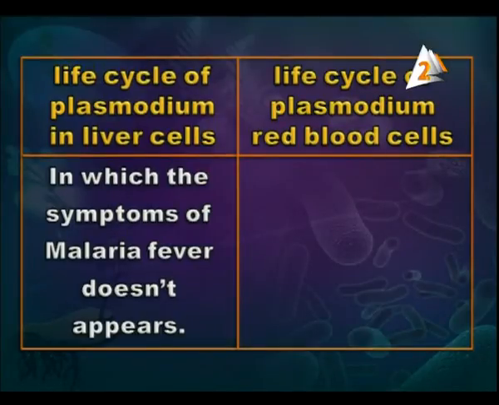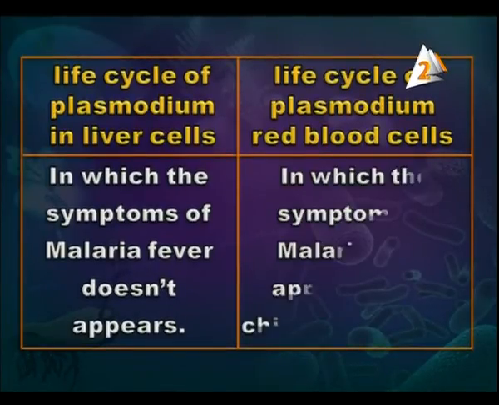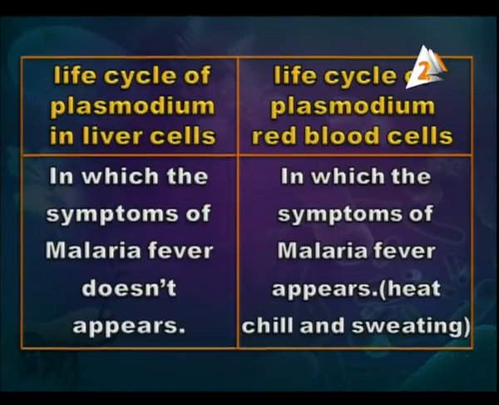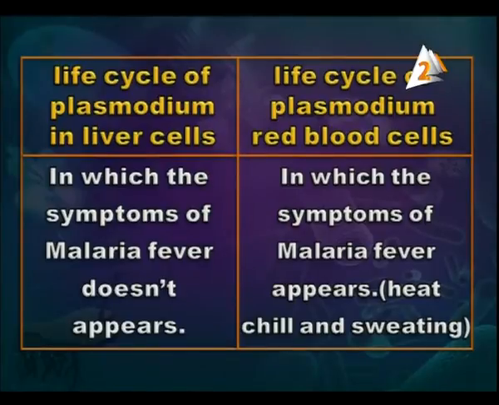Number 3 of this difference is in which the symptoms of malaria fever appear. The life cycle of Plasmodium in the liver cells takes place with no symptoms appearing on the patient, while in the red blood cells the symptoms of malaria fever appear, which are heat, chill, and sweating.